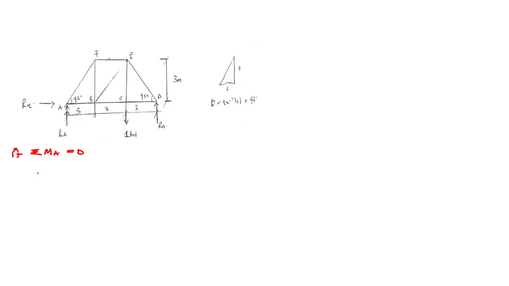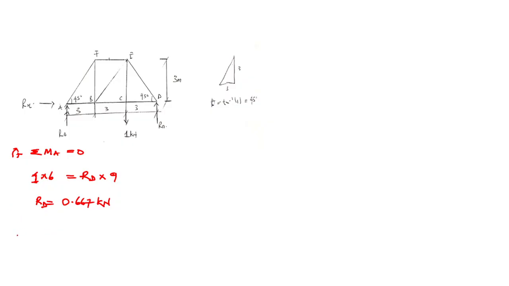We have 1 times 6 equals RD times 9, so RD equals 0.667 kilonewton.